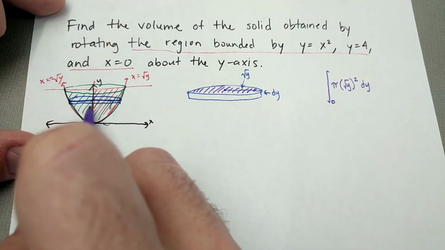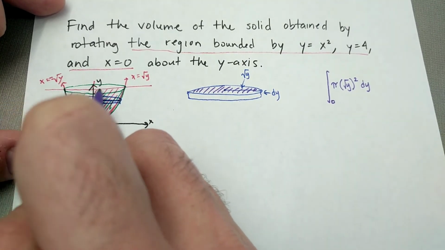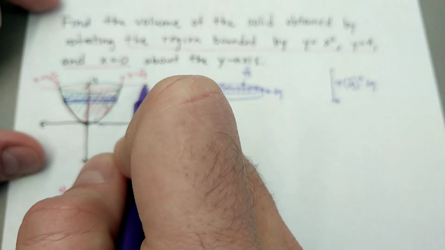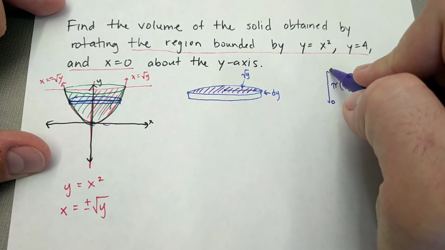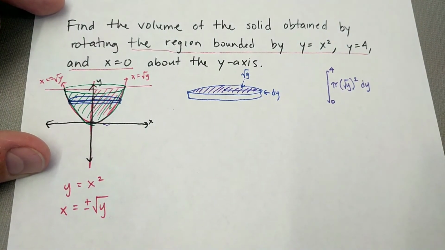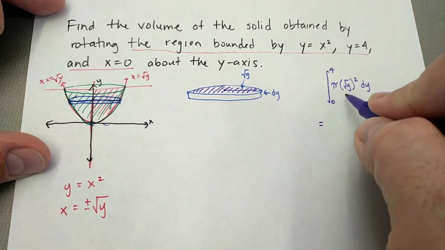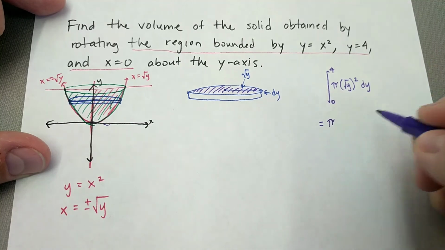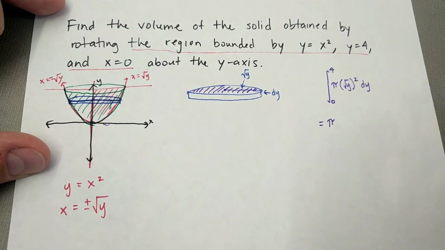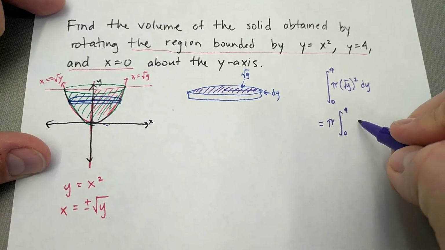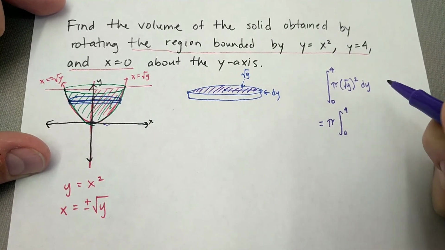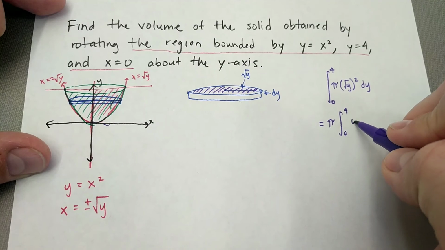And then we stack, stack, stack until we get up to this horizontal line is where it cuts off, which is at y equals 4. Once again, we can pull out that pi, and then if we square the square root of y, since we're only dealing with positives here, we know everything is going to be just fine. That's just y.